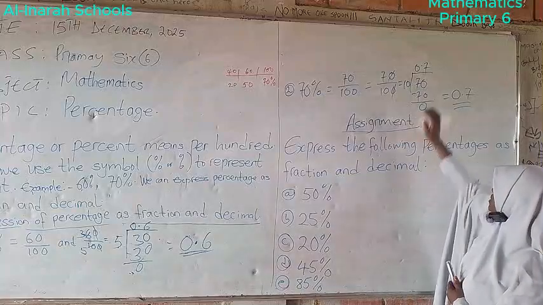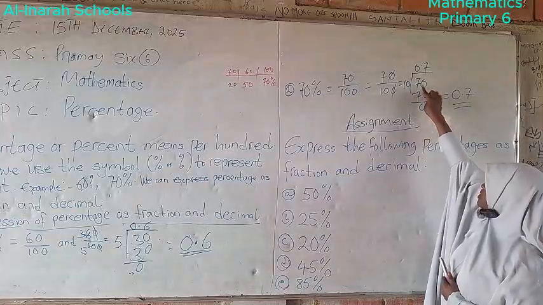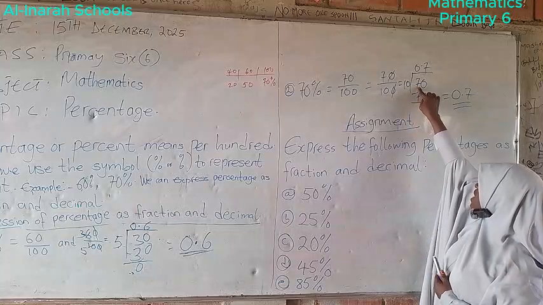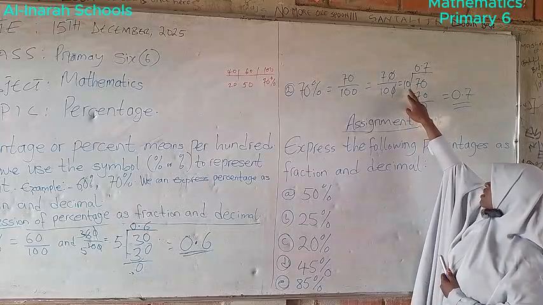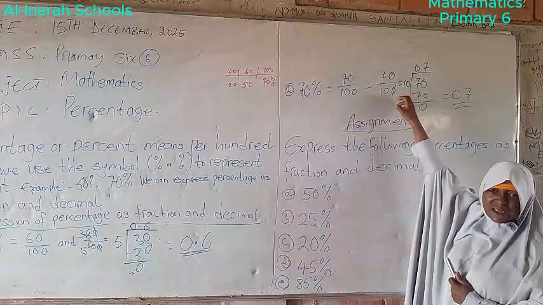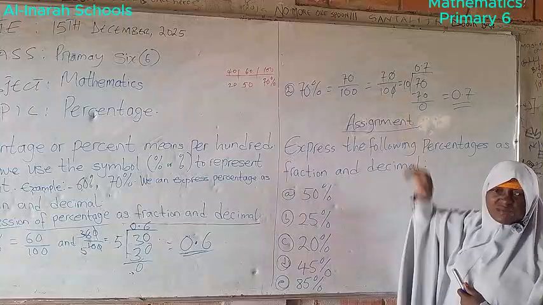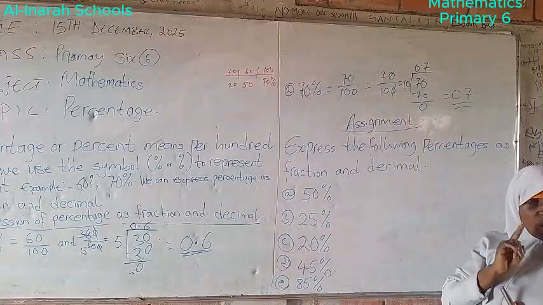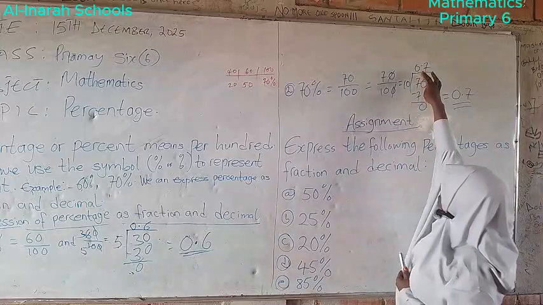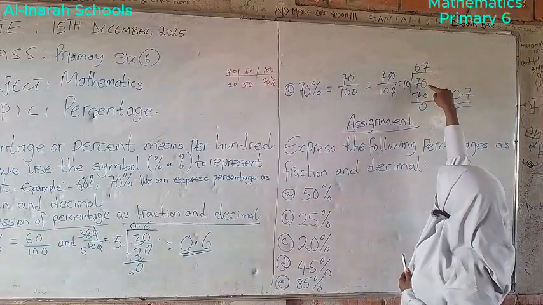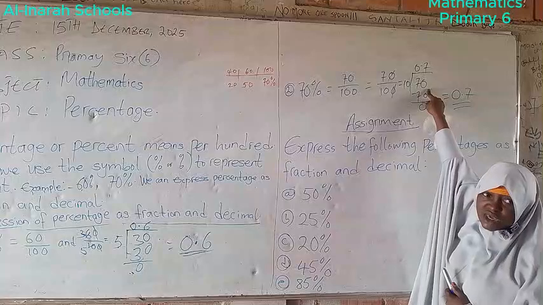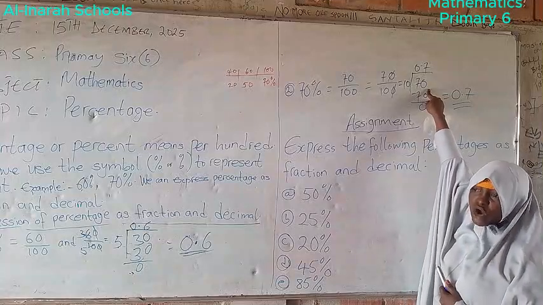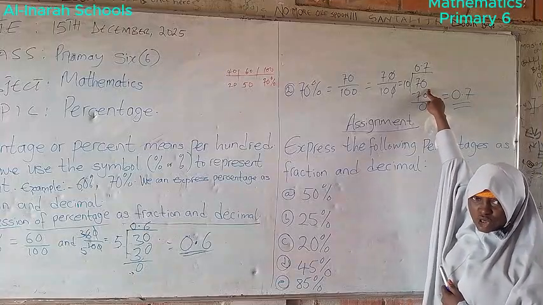Now let's divide. We have 70 divided by 10. We have 7, 10. Can we count 7 and divide it by 10? No. So what are we going to do? We put a 0 here. We have our point. We now put a 0 here to make this one to be 70. You all know how to do that one. You have been taught.